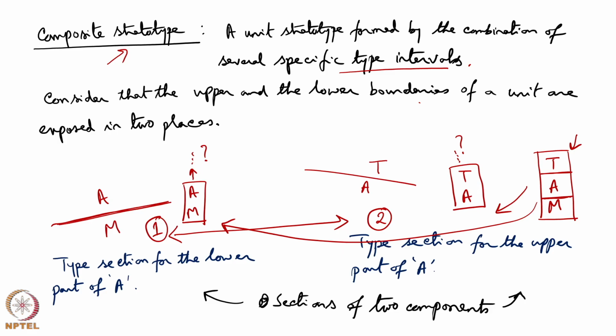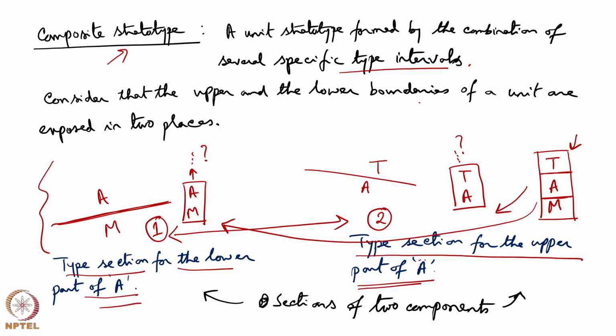So, we can say this particular exposure of rock is a type section for the lower part of A, and another section is a type section for the upper part of A. So, for a stratigraphic unit or even a rock unit A, we can have two type sections, what is called a section of two components.